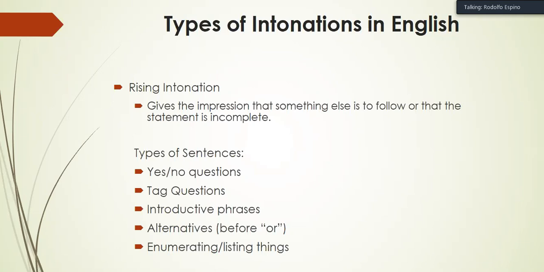Then, okay, you say, oh, I like pizza, salad, fruit, and I don't know, bread. Until you say the last word, you don't fall, you don't drop your voice. Basically, as soon as you start enumerating, all the words will keep a high tone until the last word, which is voice dropping.